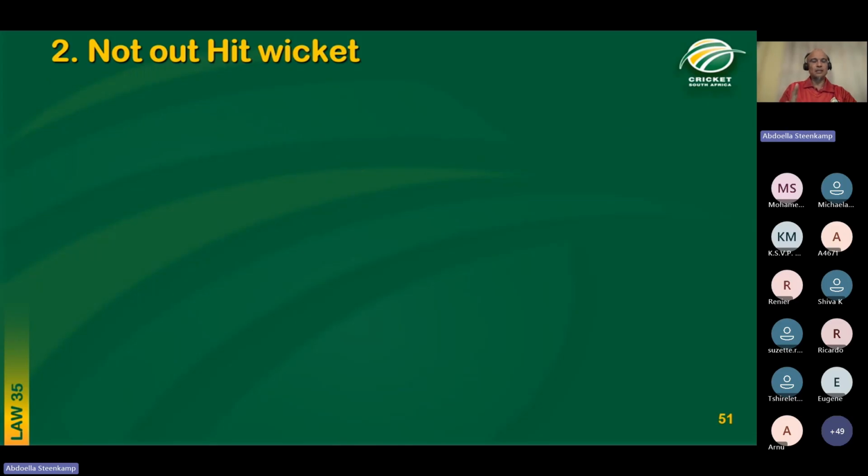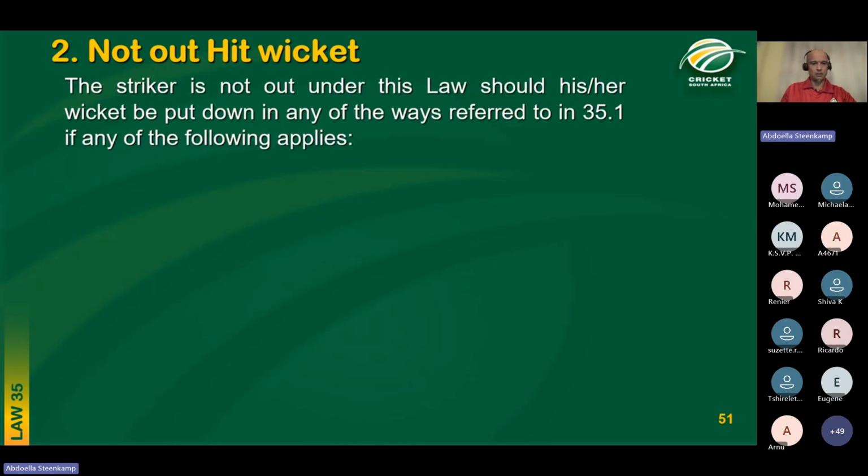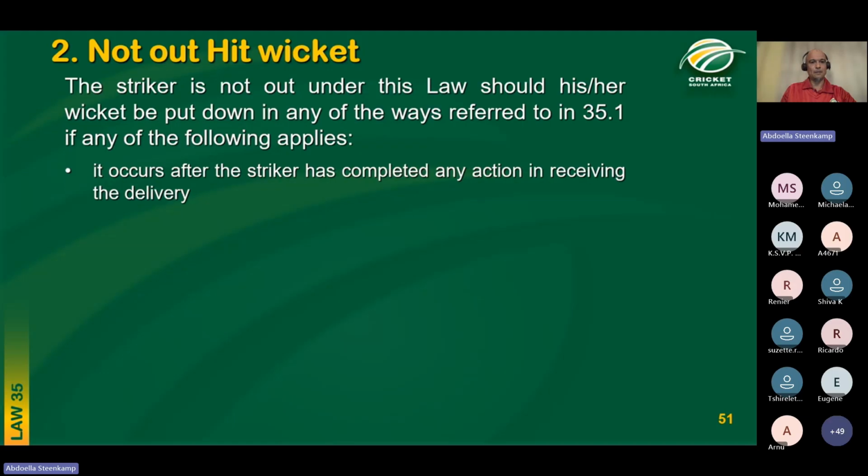So when is the striker not out hit wicket? As soon as the striker has completed any action in receiving the delivery, not out hit wicket. That's when the window period closes.